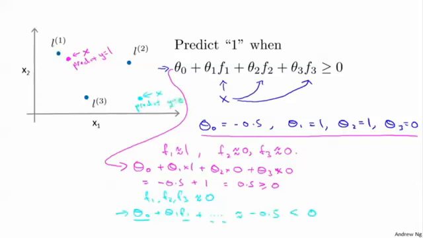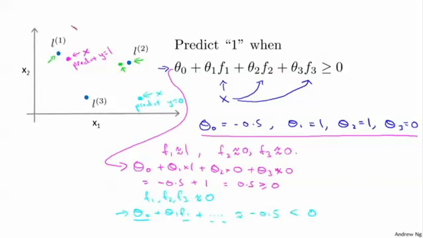If you do this yourself for a range of different points, you should convince yourself that if you have a training example that's close to L2, say, then we'll also predict y equals 1. In fact, what we'll find is that for points near L1 and L2, we end up predicting positive, and for points far away from these two landmarks, we end up predicting that y is equal to 0.